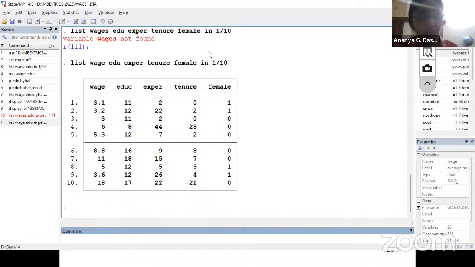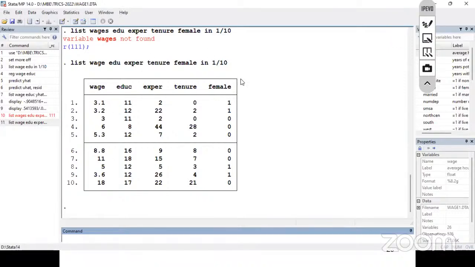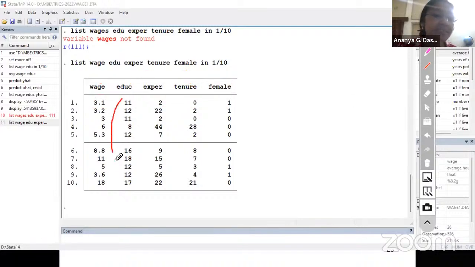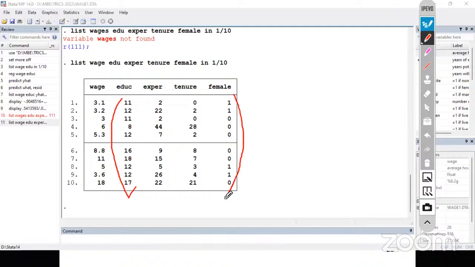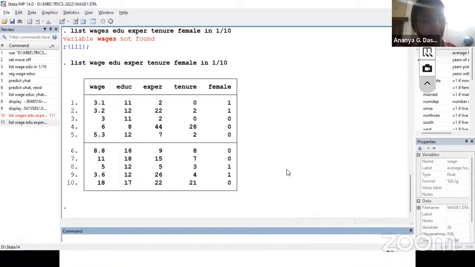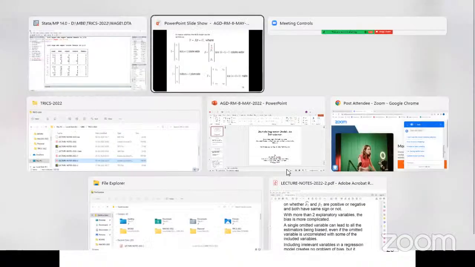I hope what we are referring to as the X matrix is clear. This is your X matrix, and the reason it has a column of 1s is because it's picking up your constant term.